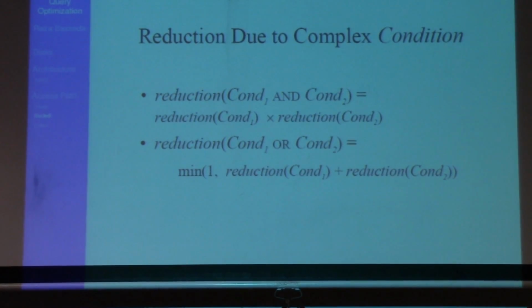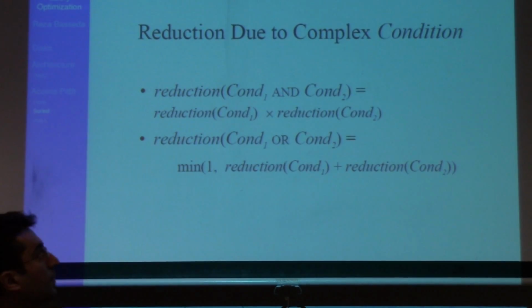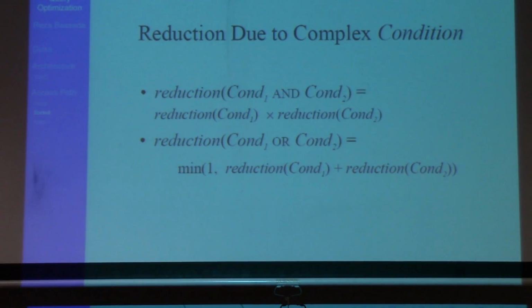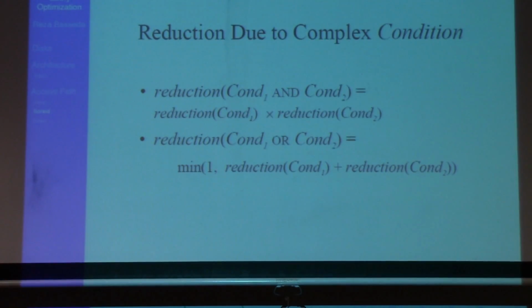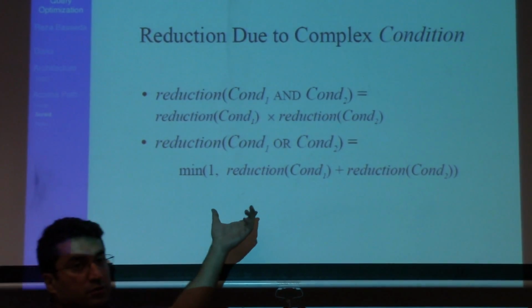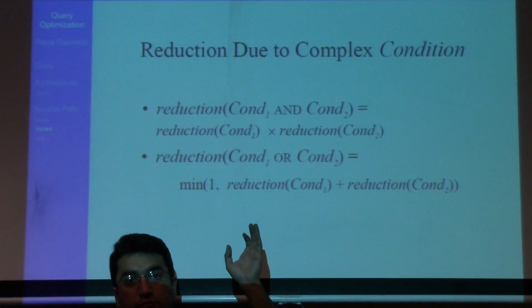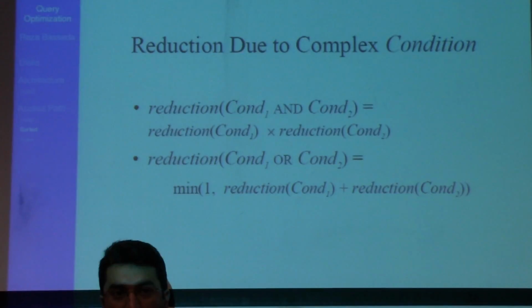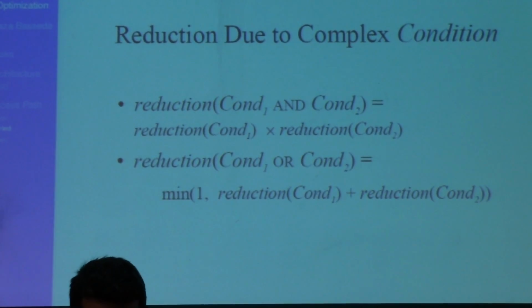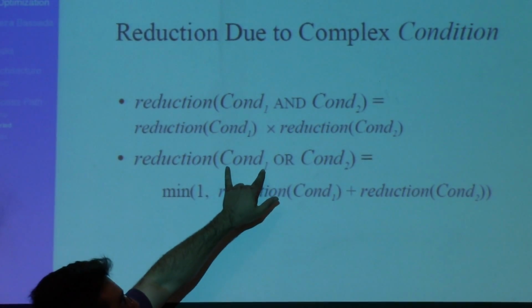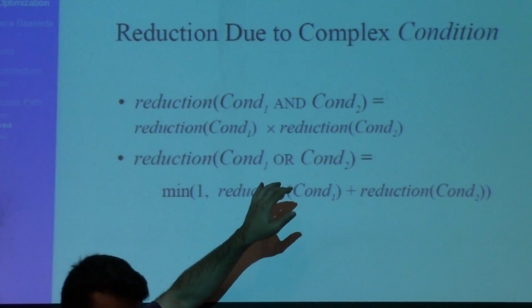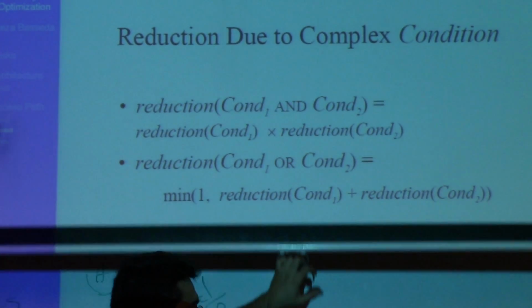Also, suppose that we have the reduction of condition one or condition two. What is the reduction of this one? When you have the table, you are applying this condition once.